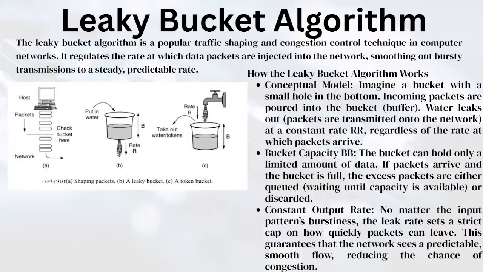Token bucket shapes and polices traffic where bursts are accepted. In the leaky bucket algorithm, output is constant and strictly controlled. In the token bucket, the output can be variable depending on token availability. So remember the points which we have discussed here.